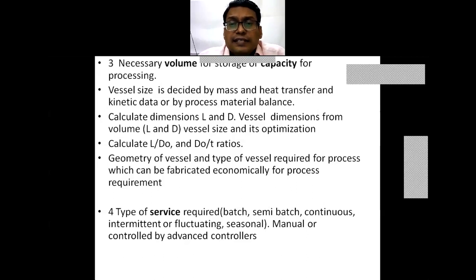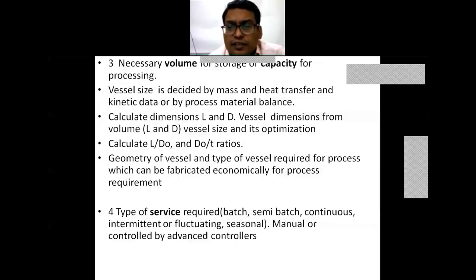So the vessel size is decided based on the mass and heat transfer and kinetic data or the process material balance requirement. Now, what must be the length and what must be the diameter, that is, the vessel dimensions, if you know the volume of a vessel. Generally we talk in terms of the L by D ratio as well as the D and thickness ratio, the diameter and thickness ratio.